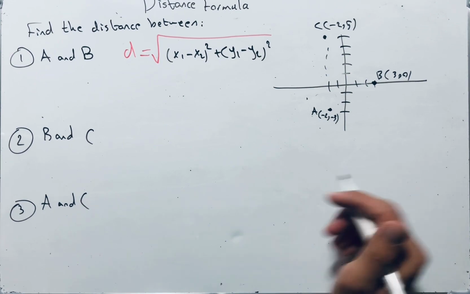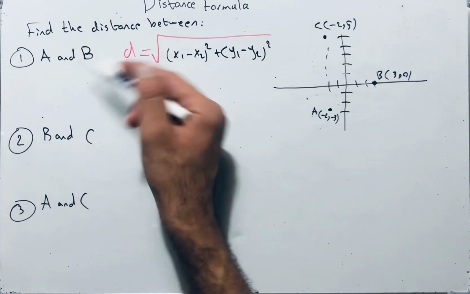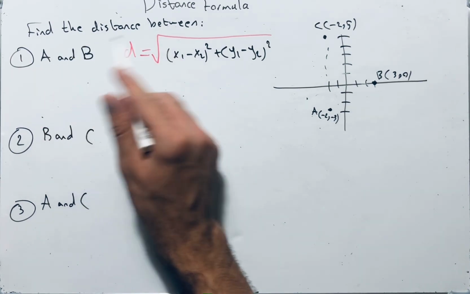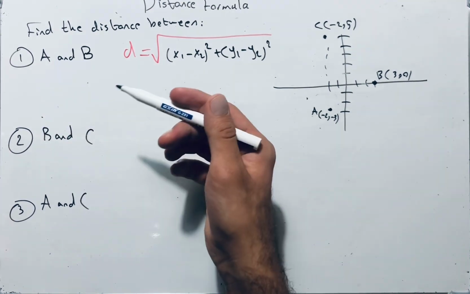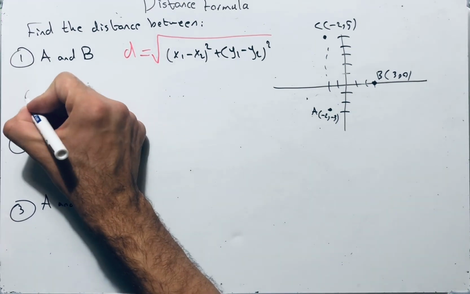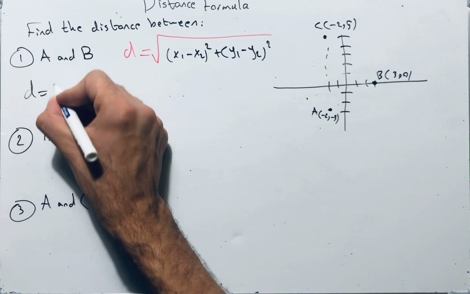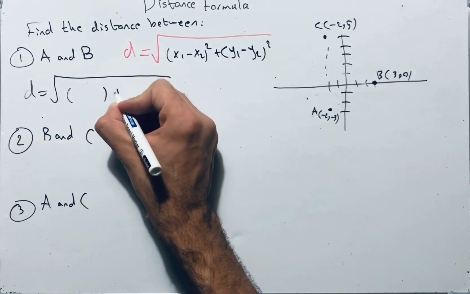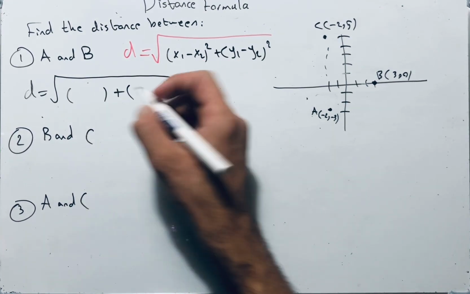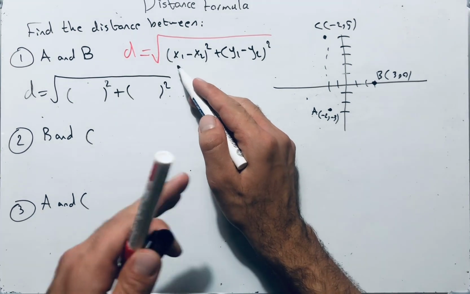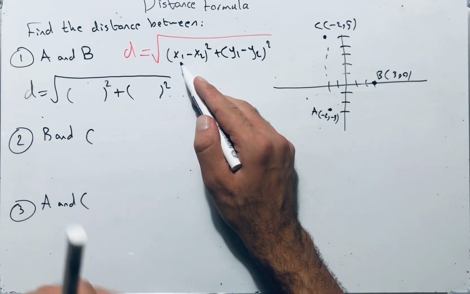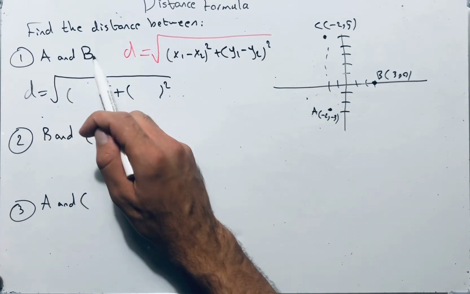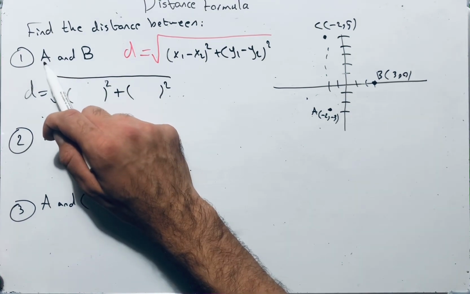So part 1 says, find the distance between A and B. So first we're going to be doing A and B. For that we're going to say again the distance is equal to, so just write everything down the same way. Then you're just left with figuring out which one is x1, which one is x2, which one is y1, and so on. So it's between A and B.